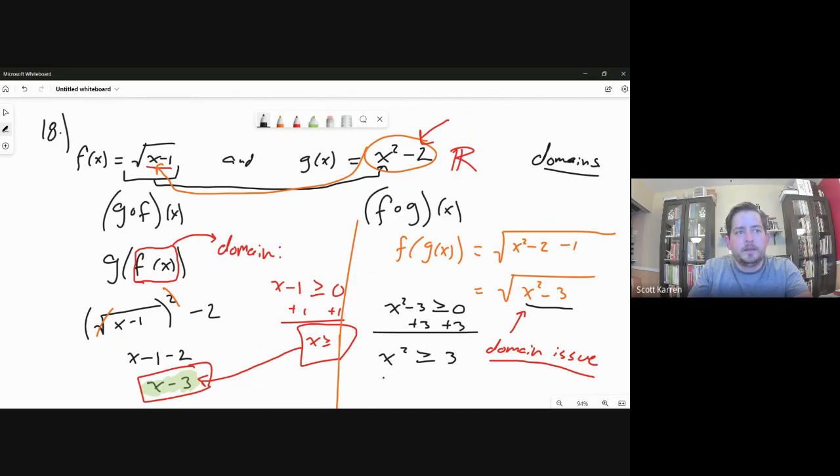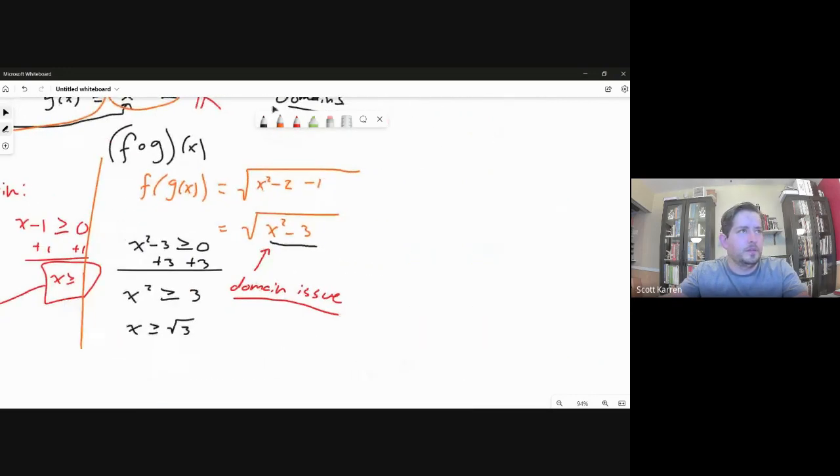Okay. But x squared is a squared value. If I square root this, this tells me that x has to be greater than or equal to the square root of 3. But it also tells me these numbers on the other side. x has to be greater than or equal to the square root of 3.